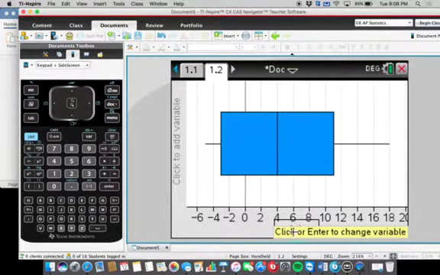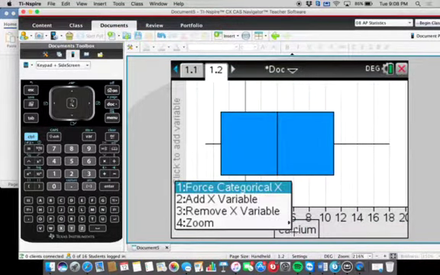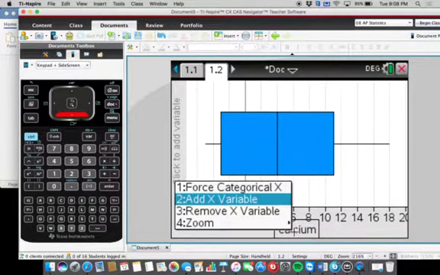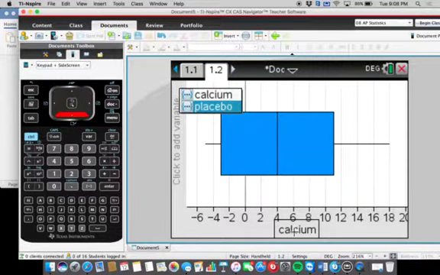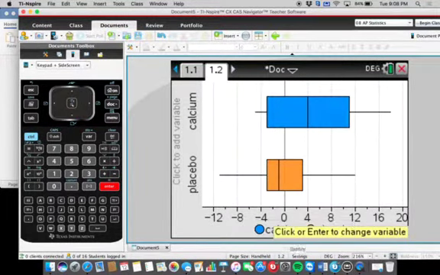Now remember that we can create two box plots in the same graph. To do that, just hover over where you typed in calcium and press Control Menu, and that should give you this particular menu. You want to add an X variable, and of course we're going to add the placebo one. And there we go. We see that the orange one is the placebo, and again you see that there is no extreme skewness or outliers, and same thing with the calcium.